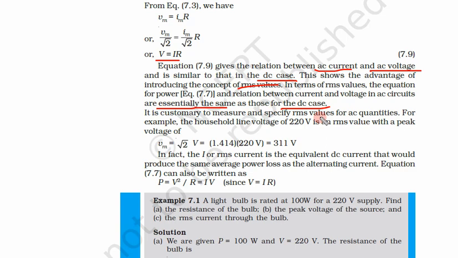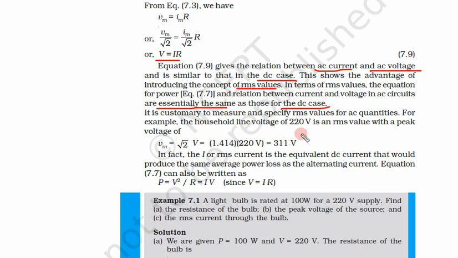Otherwise there will be a very serious problem that we have to remember new relations. The benefit of using these RMS values is that we don't have to remember new formulae. We use the same formulae as we use in DC voltages with IRMS current.